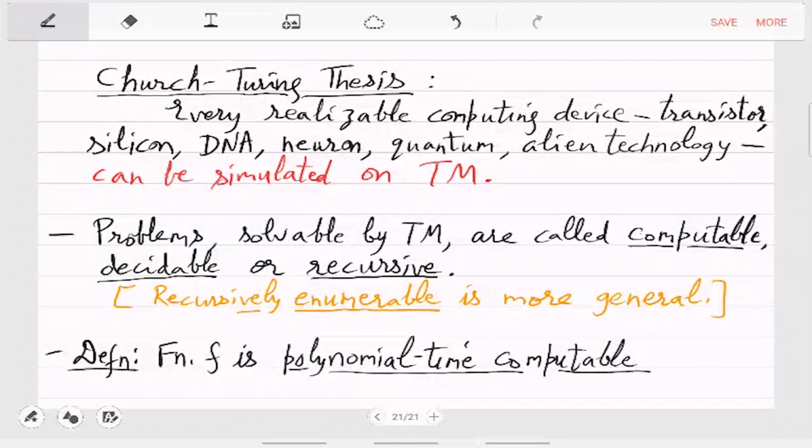Okay, polynomial time computable, not just computable, but computable how fast? So polynomial time. That's the time complexity.